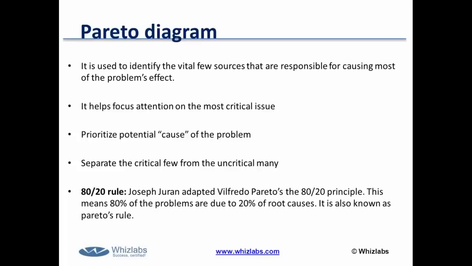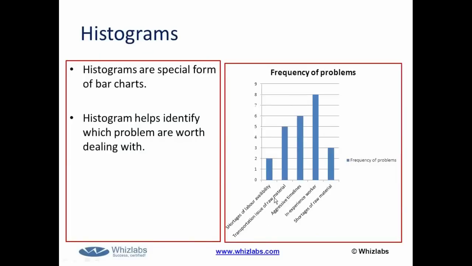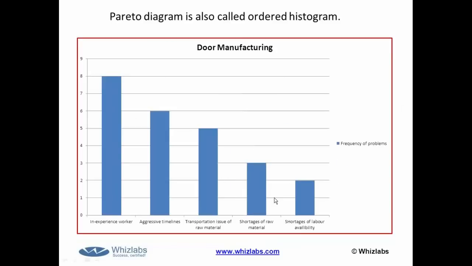The Pareto diagram is also called an ordered histogram. What do you mean by an ordered histogram? It basically means you have seen a histogram in the previous chart, and here the highest problems are listed first, then the second highest problem, and so on, in order of frequency. So inexperience of workers is the most problematic area in any project.